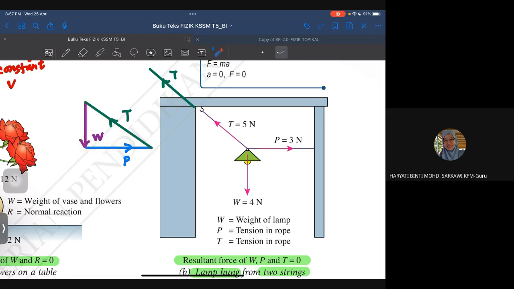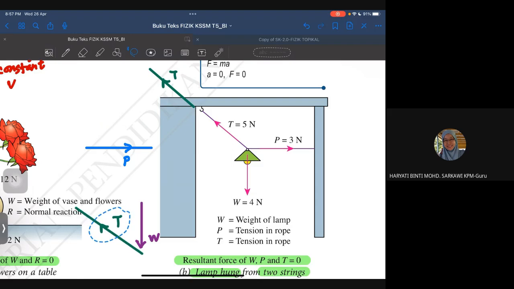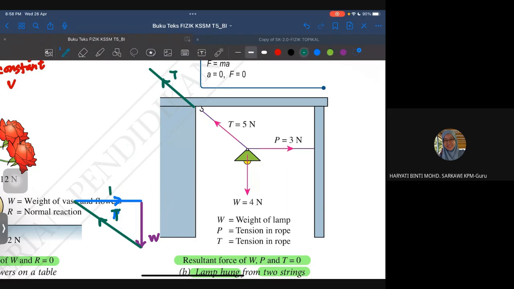Let's say I want to draw W first, just to give you an example. W first, then I draw T at the end of W, and then P drawn at the end of T. So this is another triangle of forces. This is your P. P is here.